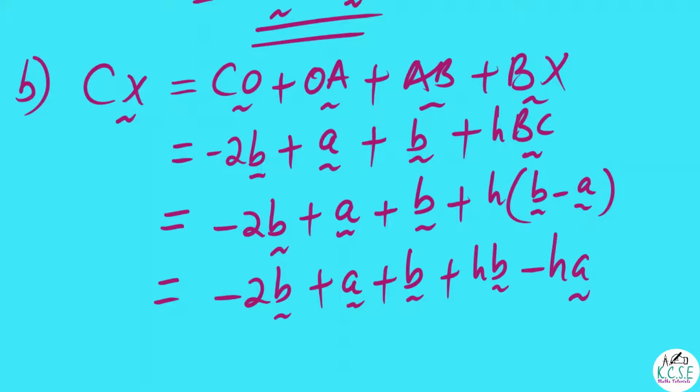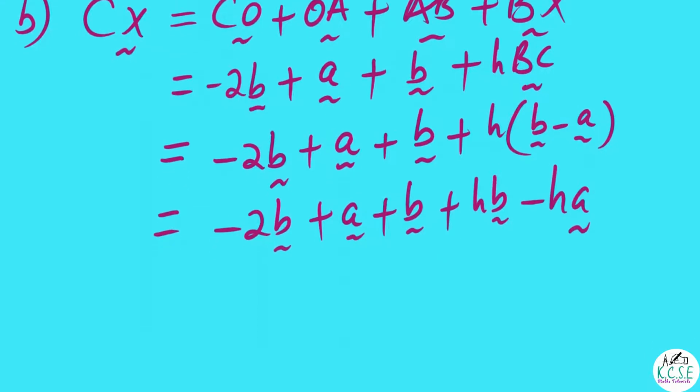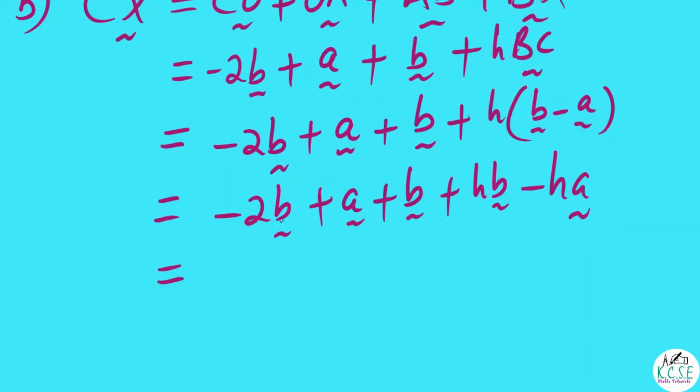Now what we can do at this stage is collect the like terms together. You can see we have negative 2B plus B, that will give negative B. So we have A, then negative B, and plus HB minus HA.